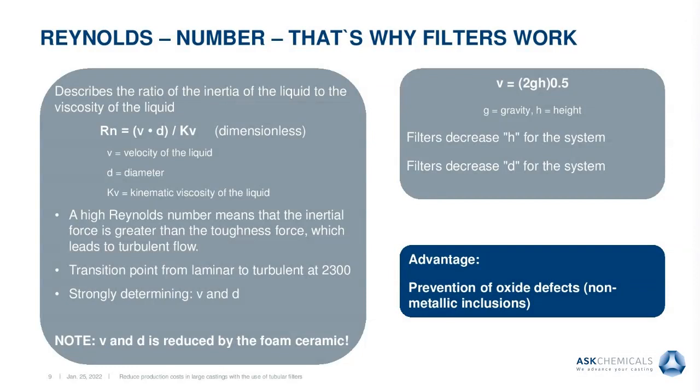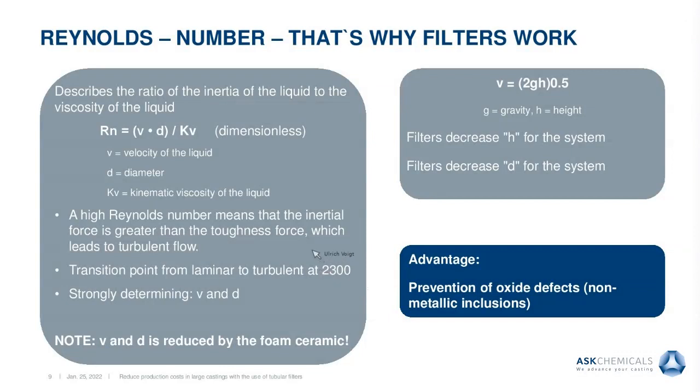You can see it here in the pictures, and we speak about the Reynolds number. This describes the ratio of the inertia of the liquid to the viscosity of the liquid. It is dimensionless, but different investigations found that the transition point from a laminar to a turbulent stream is at this number, 2300.